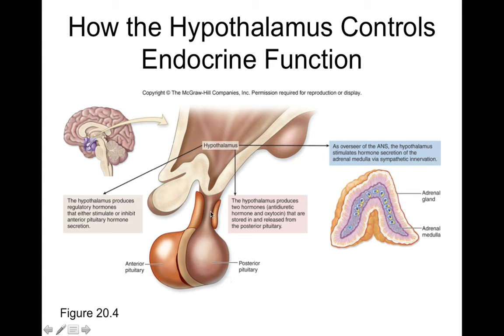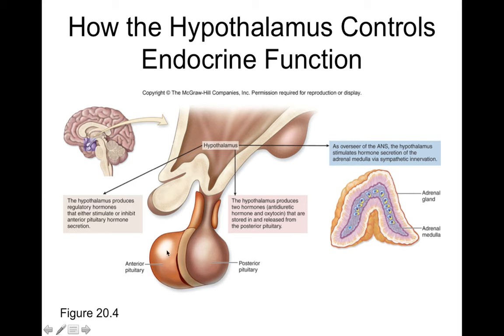We can see that the pituitary is divided into two parts, an anterior portion and a posterior portion. The anterior part of the pituitary gland is made of glandular tissue, so it's actually made of cells that are like those of a gland. They're endocrine cells. The posterior pituitary is made of neural tissue, so it's actually made of axons of neurons extending from the hypothalamus down into the posterior pituitary.